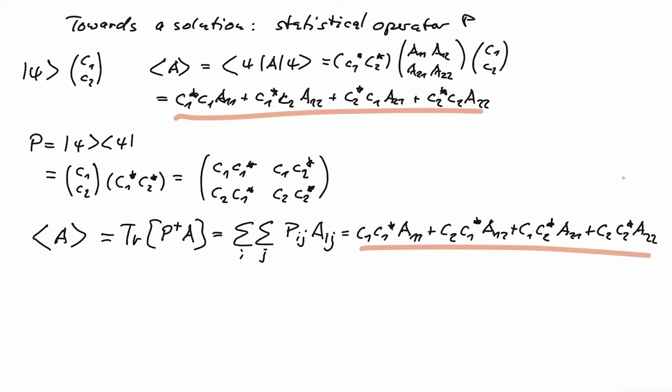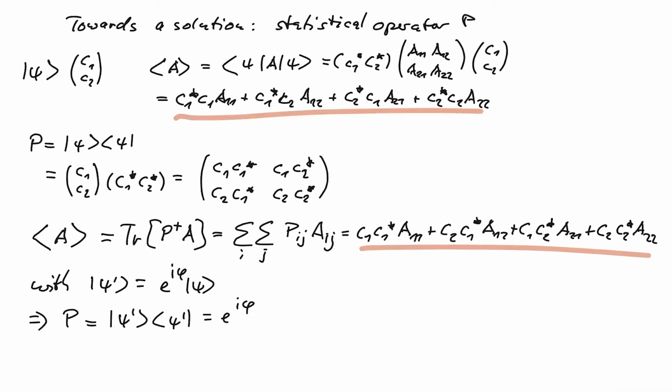This is simply when we look now at psi prime equals e to the i phi times psi, and we put this into the statistical operator, then we will find that psi prime times psi prime bra just is e to the i phi psi times psi bra e to the minus i phi.